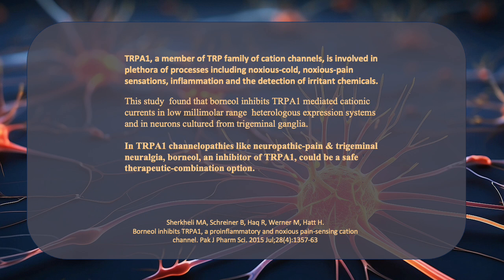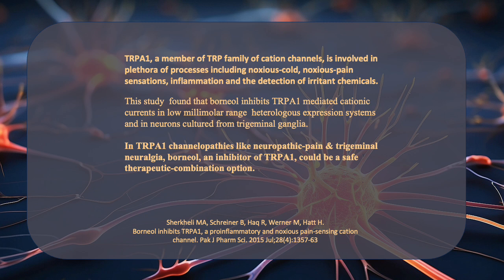TRPA1, a member of the TRP family of cation channels, is involved in a plethora of processes including noxious cold and noxious pain sensations, inflammation, and the detection of irritant chemicals. Researchers have discovered that borneol inhibits TRPA1-mediated cationic currents in the low millimolar range in both heterologous expression systems and in neurons cultured from trigeminal ganglia.